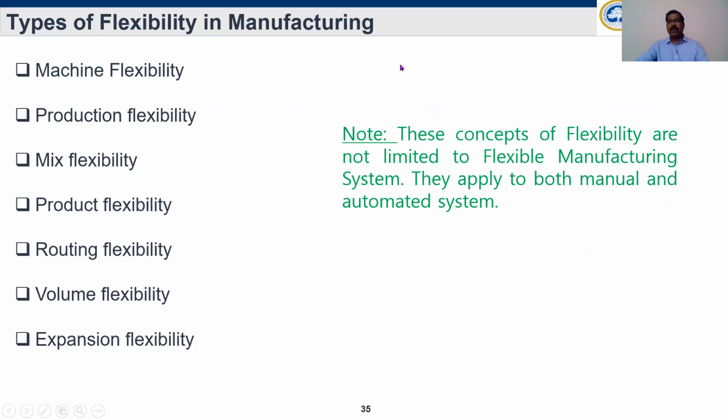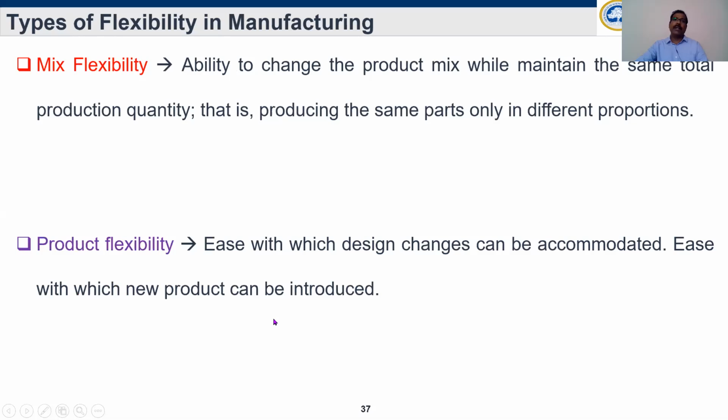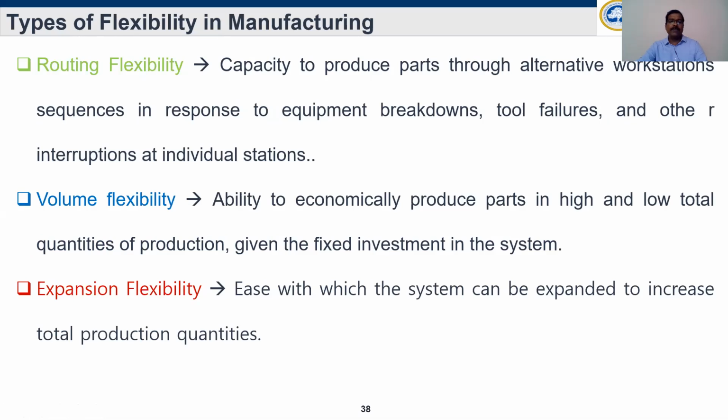It is not necessary that it is only for a flexible manufacturing system. It is common for manual or automated systems also. So these are the types of flexibility. Altogether, I think we are ending the topic of flexible manufacturing system. To combine together, we have discussed what is meant by FMS, the single machine cell, the flexible manufacturing cell, then the flexible manufacturing system, the level of flexibility, and the components available in the FMS.